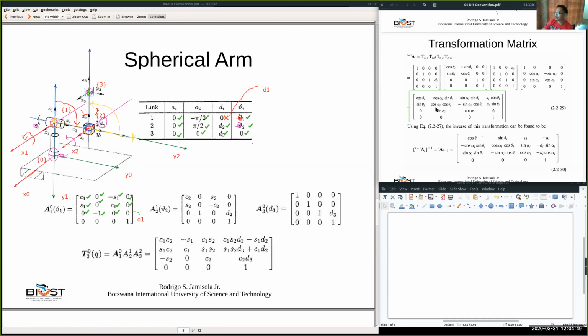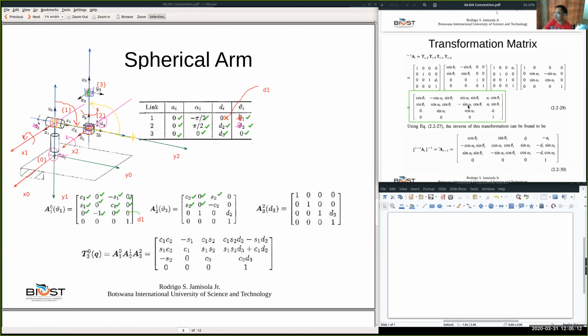Okay, so now cosine of theta 2, you have cosine of theta 2 here, so this is cosine of theta 2, that's correct. Now you have your alpha, cosine of alpha, that's 90, so this is 0 and that's 0. Cosine of 90 is 0. Here sine of alpha is 1, so this is 1, so that is sine theta 2.